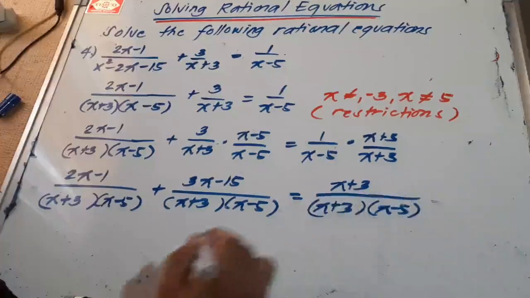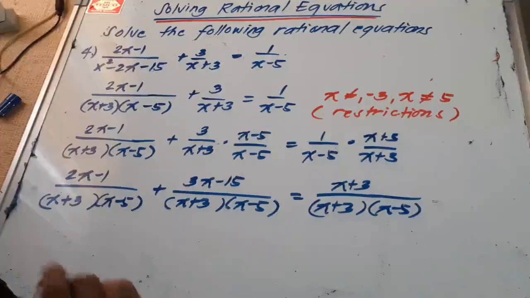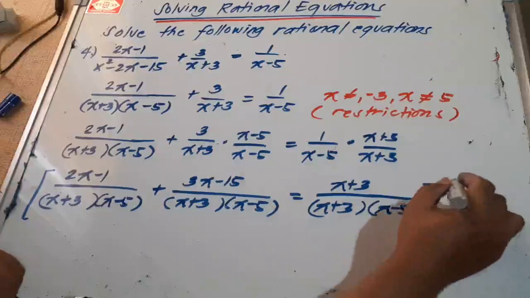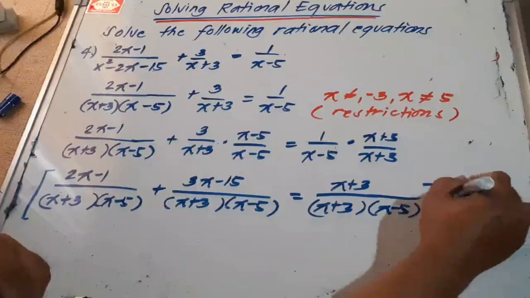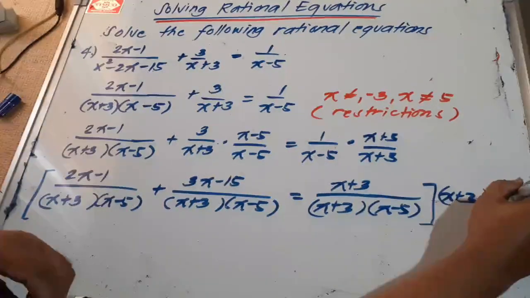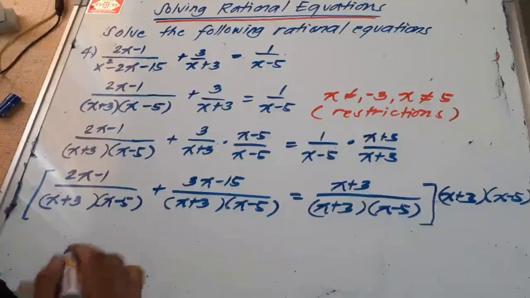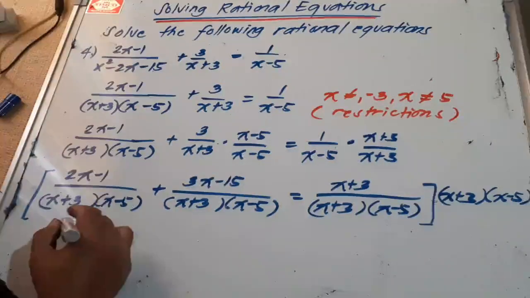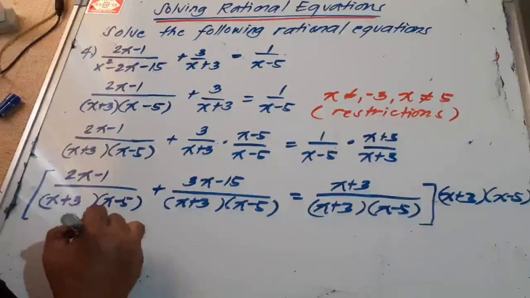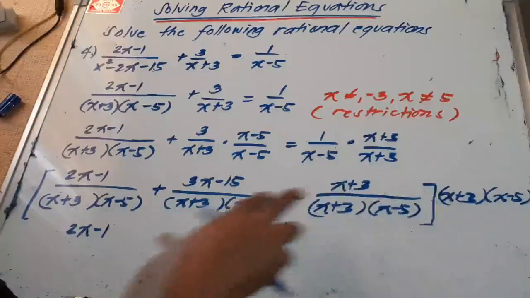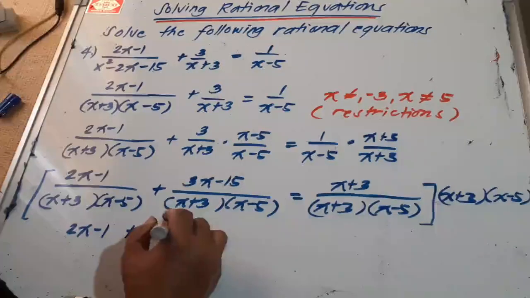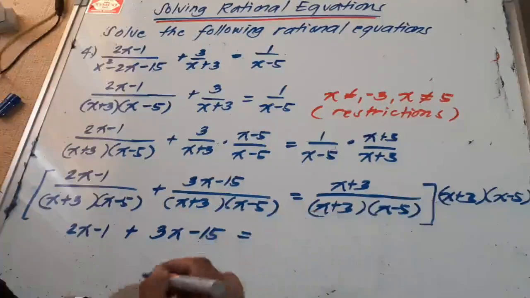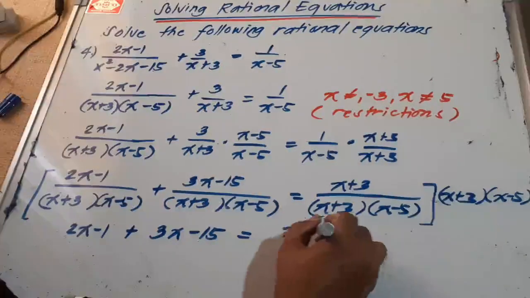Now, since pare-pareho na ang kanyang mga denominators, if we multiply both sides by this denominator natin, matatanggal ang kanyang mga denominators na. So, this multiply to this, cancel ang denominator. Matitira na lang sa numerator, 2x minus 1. Ganun din dito, matitira na lang yung numerator, 3x minus 15. Ganun din sa right side of the equation, matitira na lang is x plus 3.